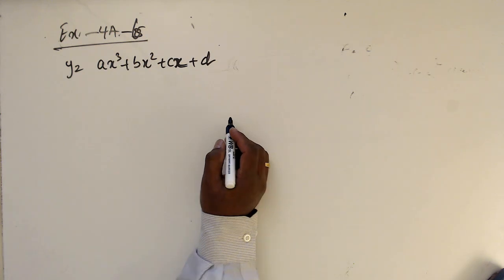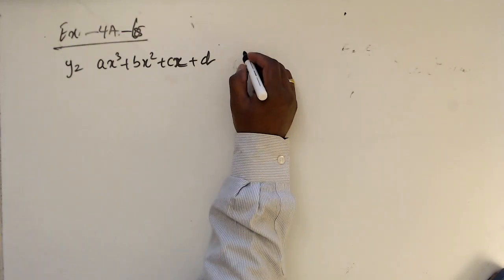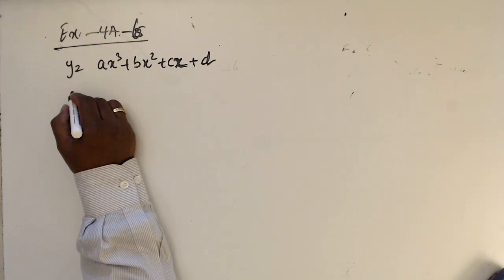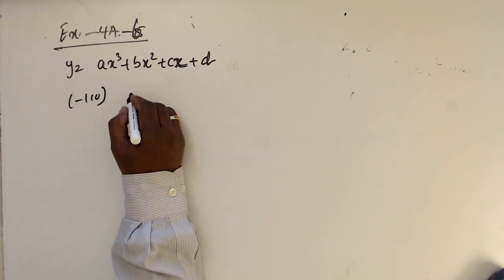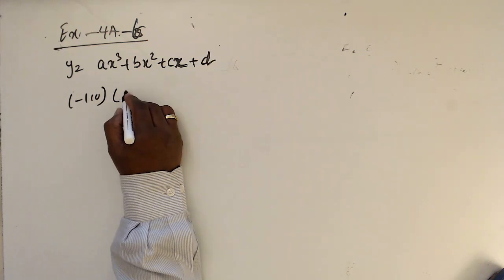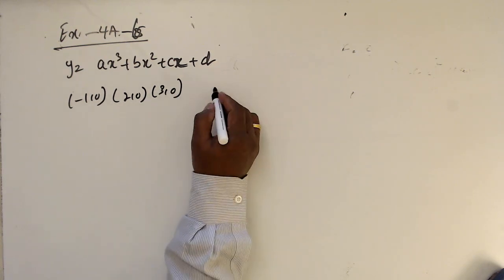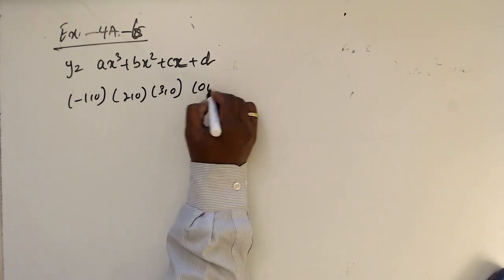Now this curve is going through these points. You can see minus 1, 0, and 2, 0, 3, 0, also 0, 2.